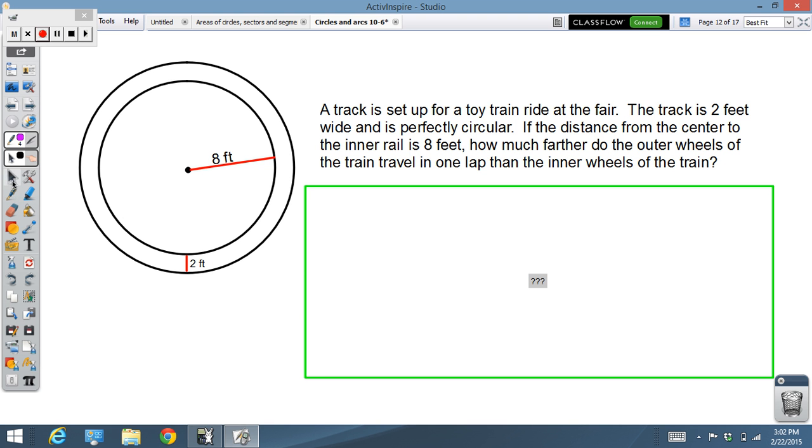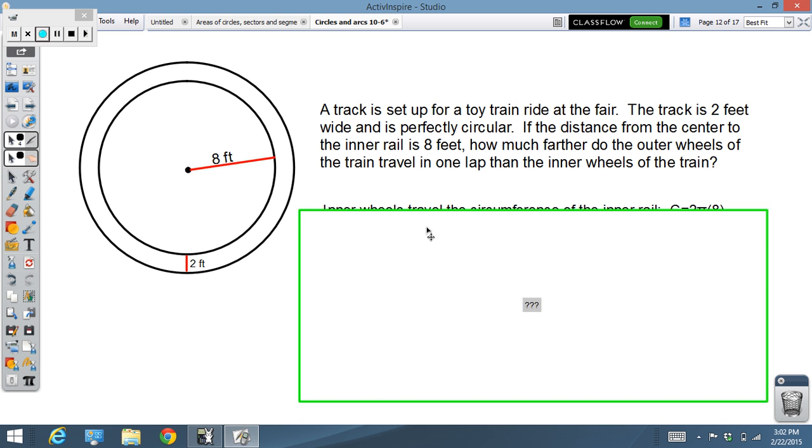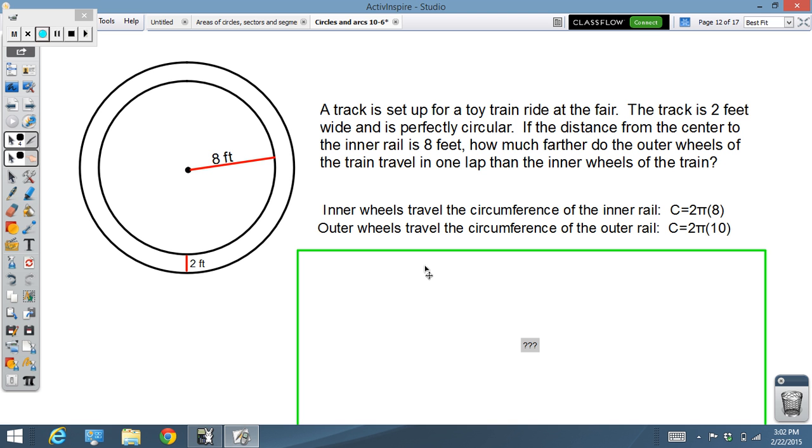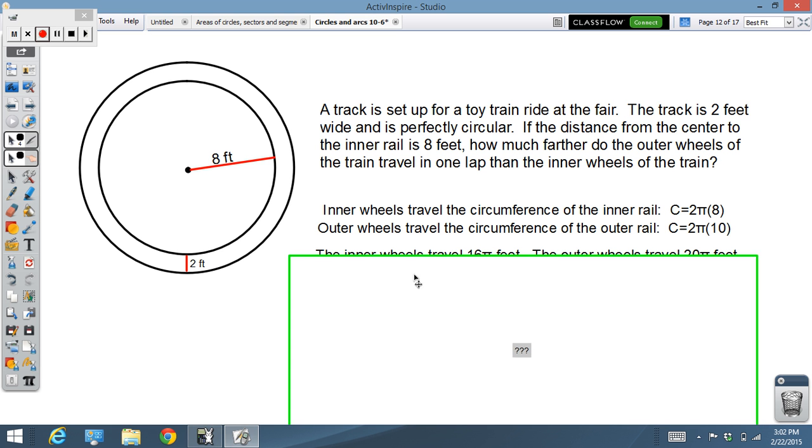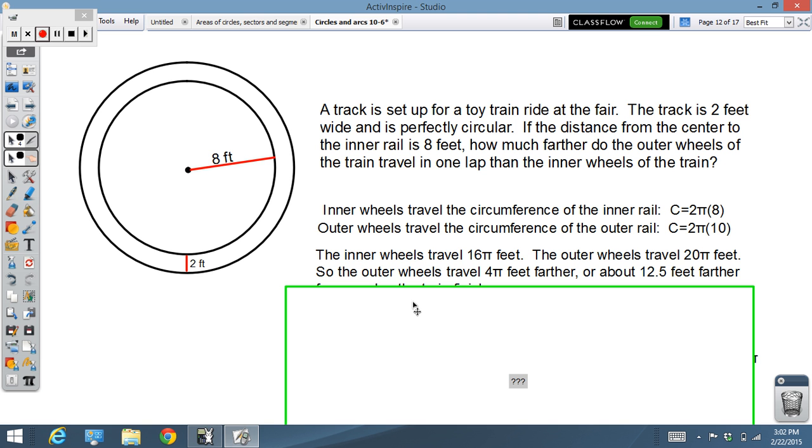Sample problem, pause it, think about it. Here comes your answer. Okay, the inner wheels travel the circumference of the inner rail, or 2 times pi times 8. The outer wheels travel the circumference of the outer rail, 2 times pi times 10. So the inner wheel is 16 pi, outer wheel 20 pi.